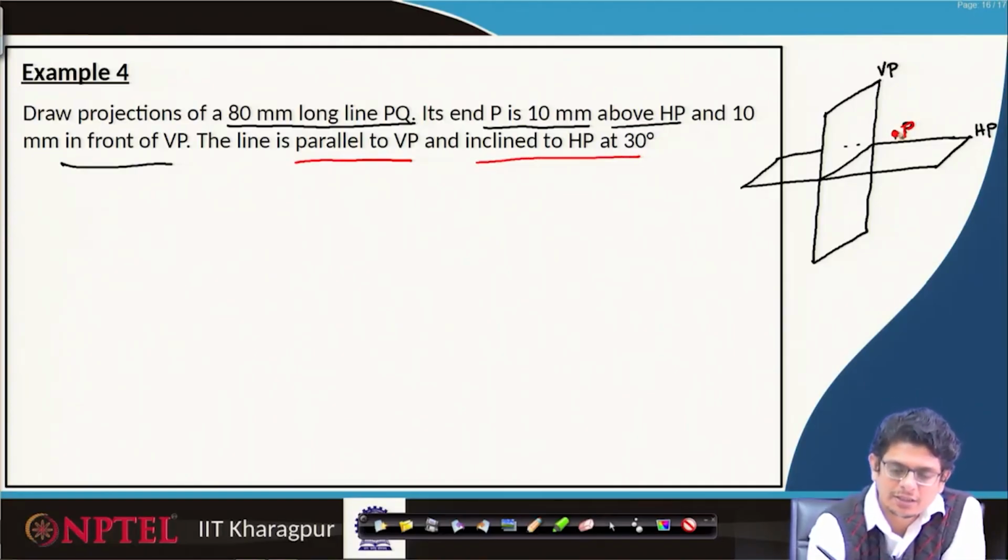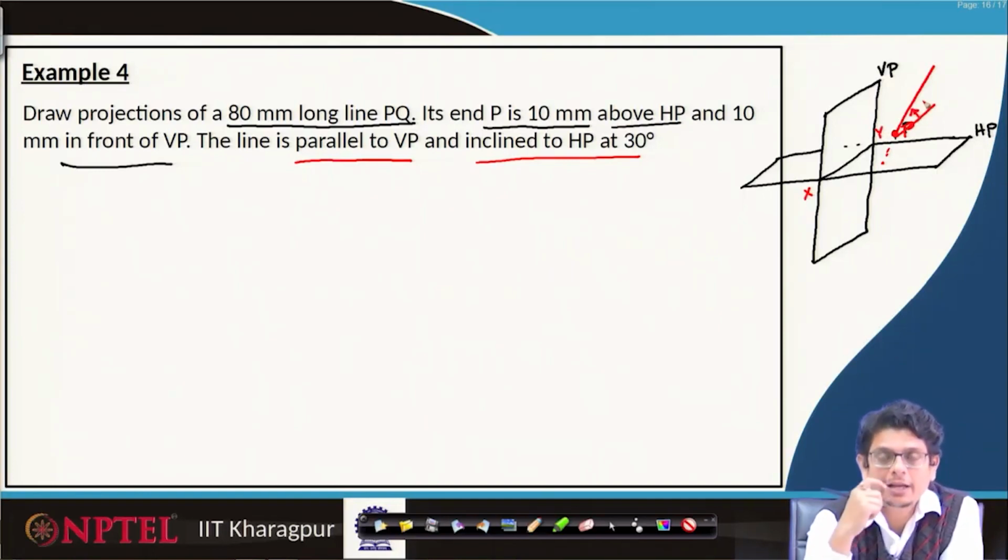That means, if we are drawing an 80 mm line, it is supposed to make an intersection with the horizontal plane somewhere. Vice versa, if we are drawing a line parallel to this xy axis, it is supposed to make an angle with the horizontal plane, which we call 30 degrees, theta equal to 30 degrees.